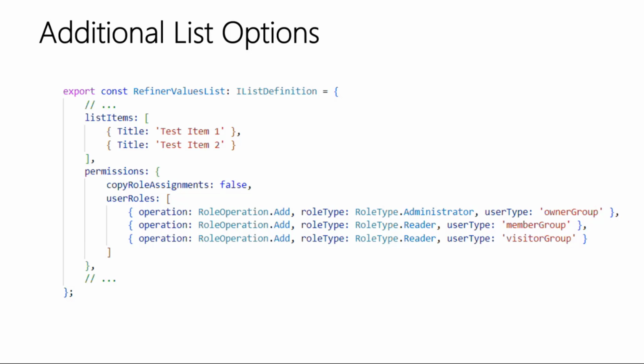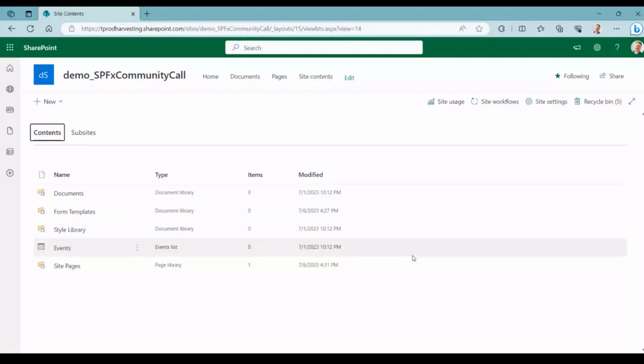All right, let's see a quick demo of schema provisioning. I have here a SharePoint site I created, and I just want you to note that the site contents shows us all the default libraries and lists that every site has when it's first created.